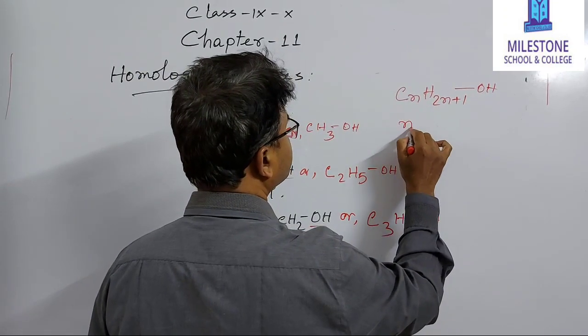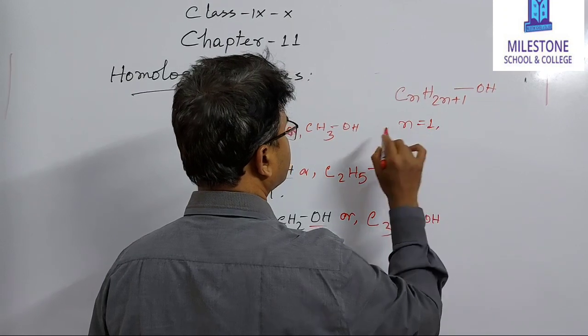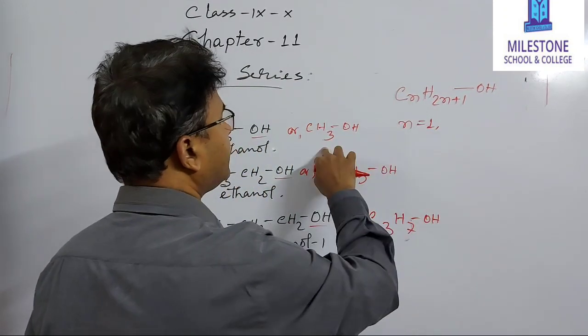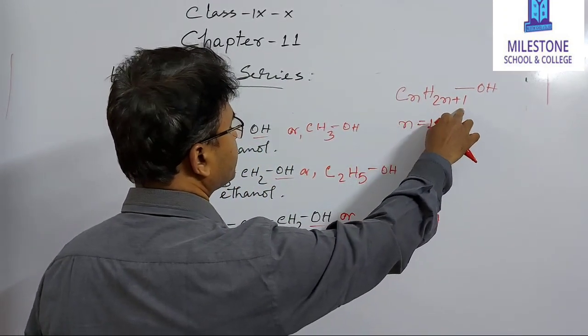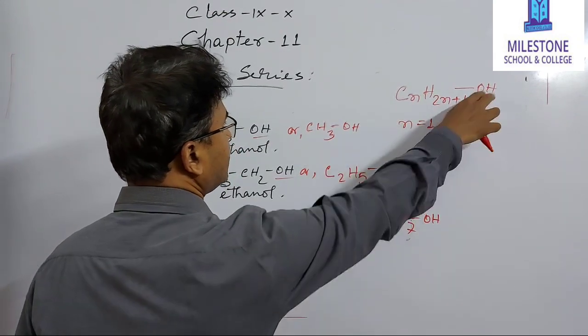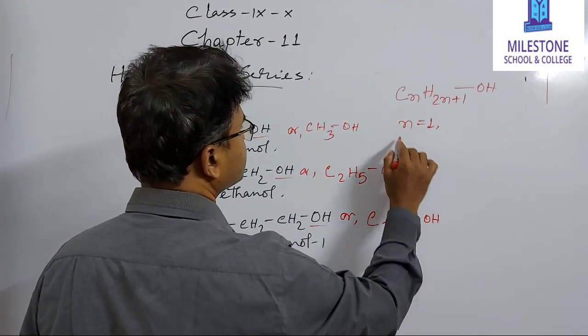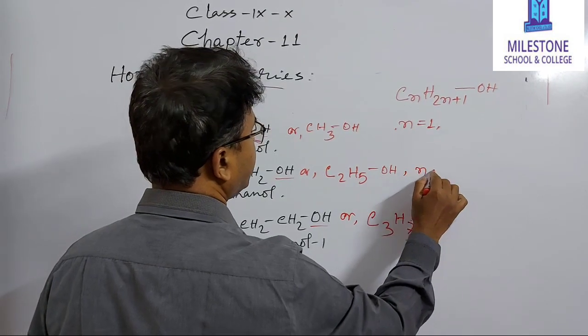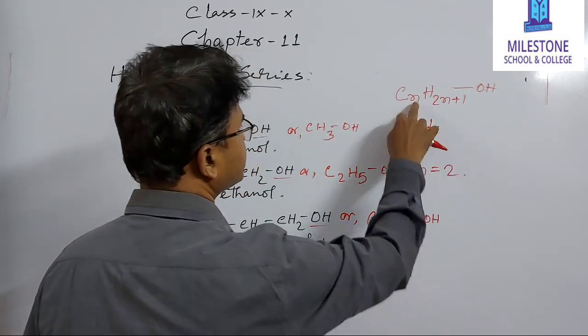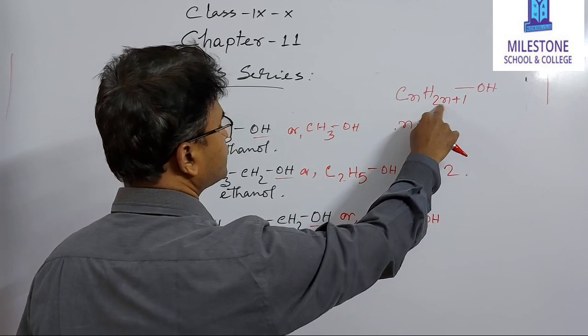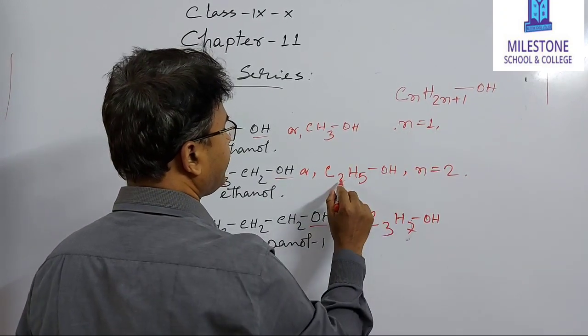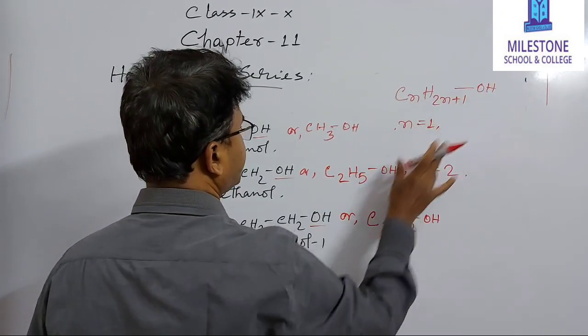If you put n equal to 1, it will be C1, H2 into 1 plus 1, I mean H3, and OH. If you put n equal to 2, it will be C2, H2 into 2, 4, plus 1, 5, C2H5OH.